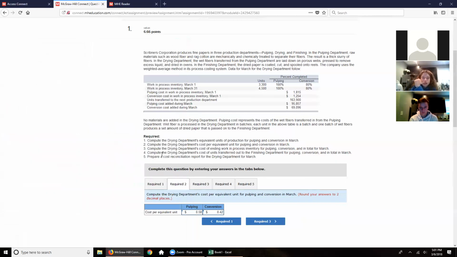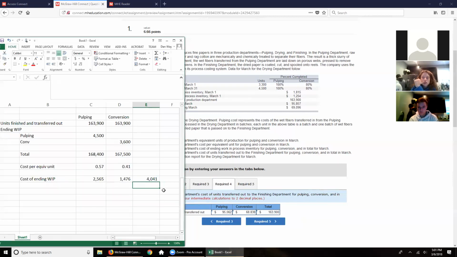And then 4 said, compute the cost of units transferred out to finishing for pulping, conversion, and in total. Oh, okay, yeah. So cost of units transferred.